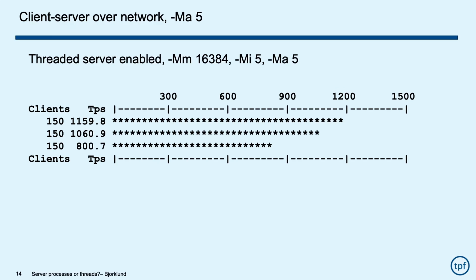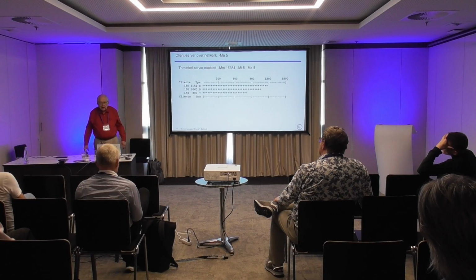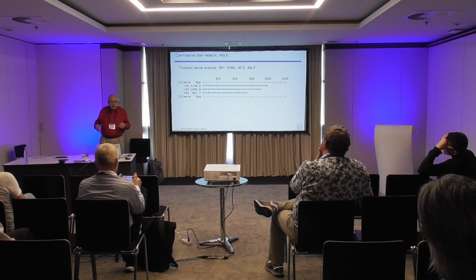Then what happens when we raise the -MA value? So threaded servers enabled, and we set MI and MA to 5. Now, in all the subsequent tests too, MI and MA are the same.